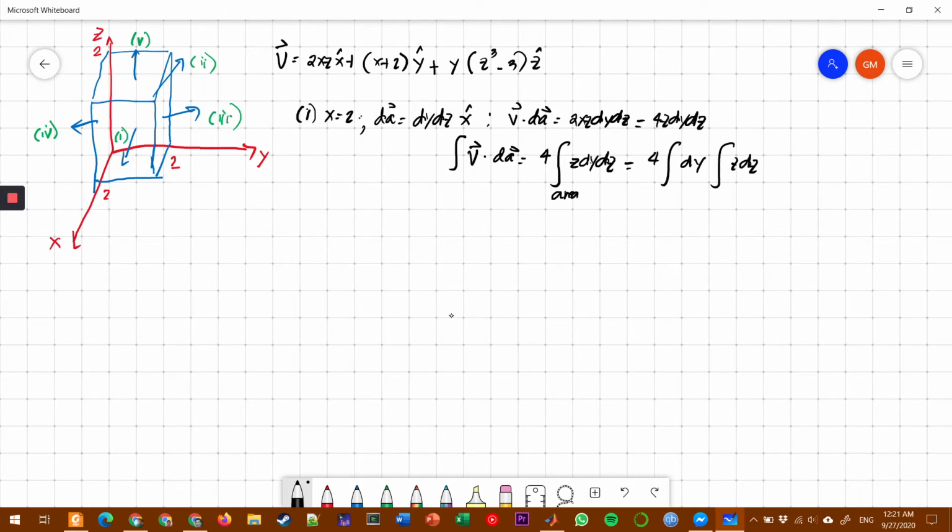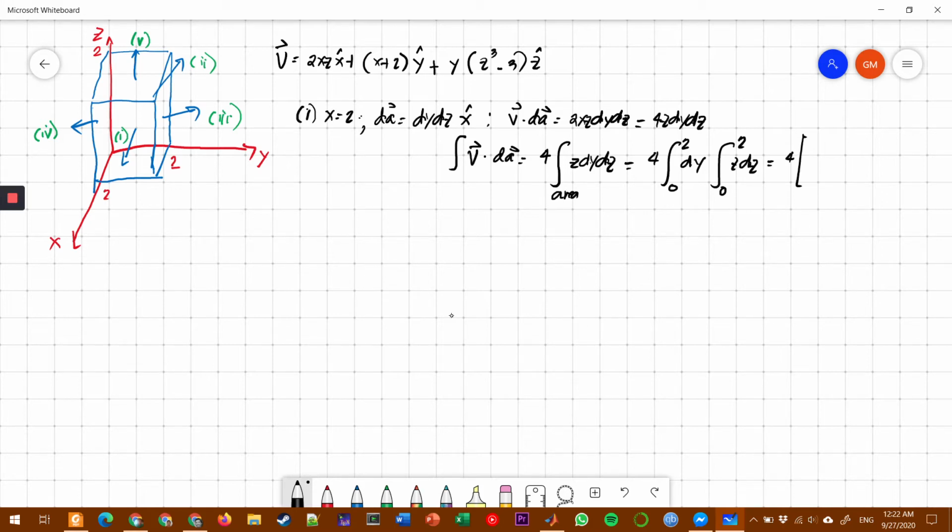The limit of y is from 0 to 2, and the limit of z is the same because it's a cube, from 0 to 2. If you integrate this, we can explicitly show it.